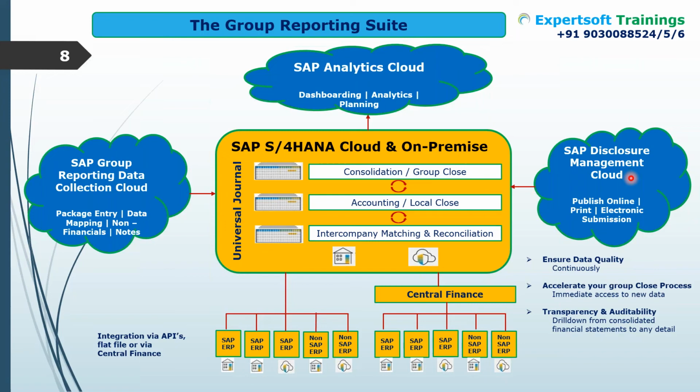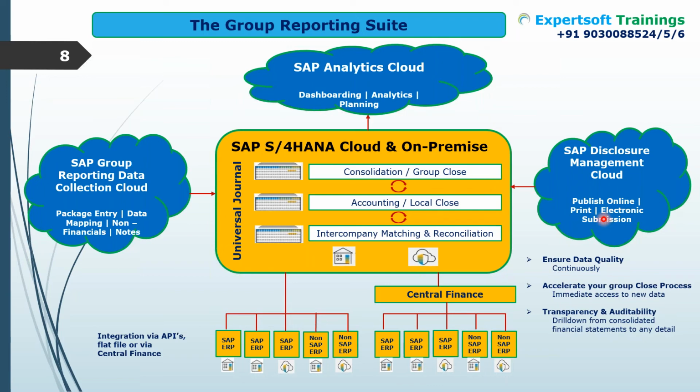For that they need the group financial statement values, so the data can be taken from the group reporting module. Once the data is taken, the disclosure management users can write about their performance and how it has improved, and ultimately they are supposed to publish their financial statements.